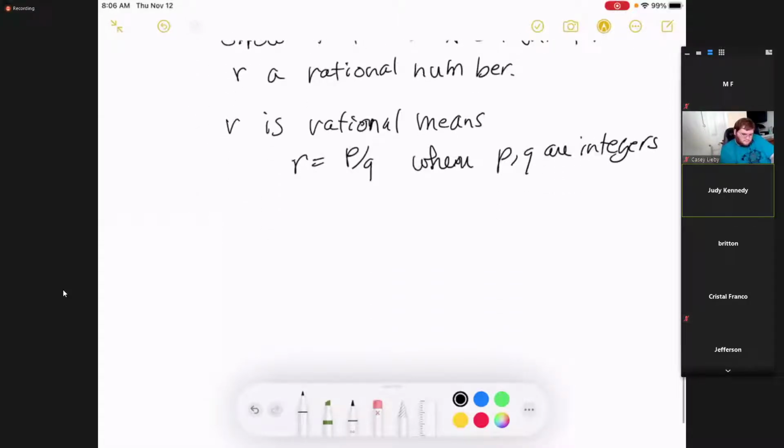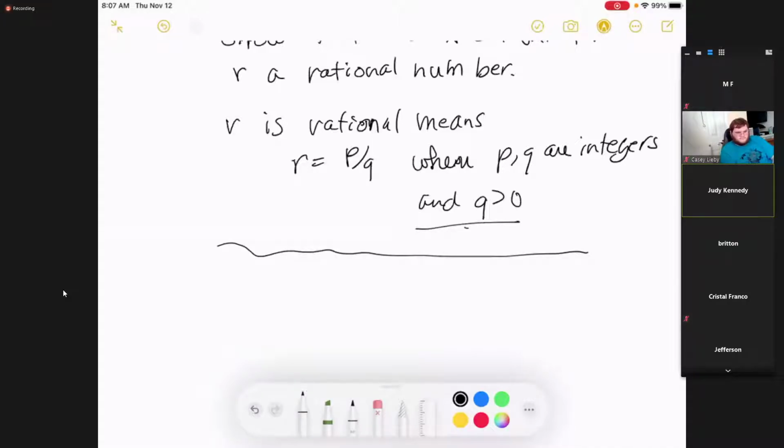And I can also assume that q is greater than 0. If I want to make it a negative number, I just make p negative. Any number that can be represented as a quotient of two integers is what you call a rational number.